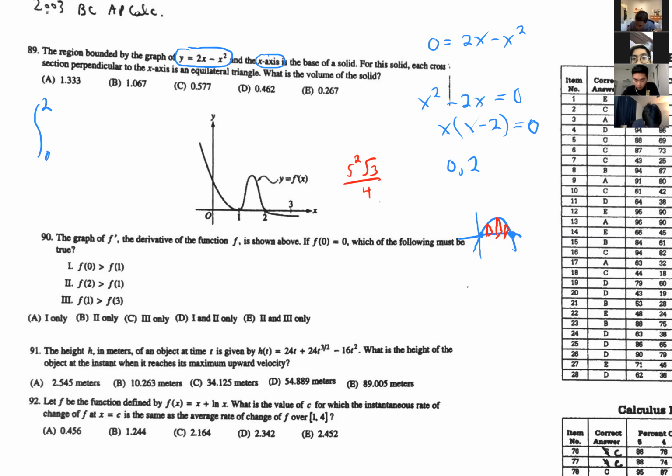Each side length is just going to be the y coordinate. So this side goes to the y-axis. Instead of s, I'm going to use this and have it take the place of s.